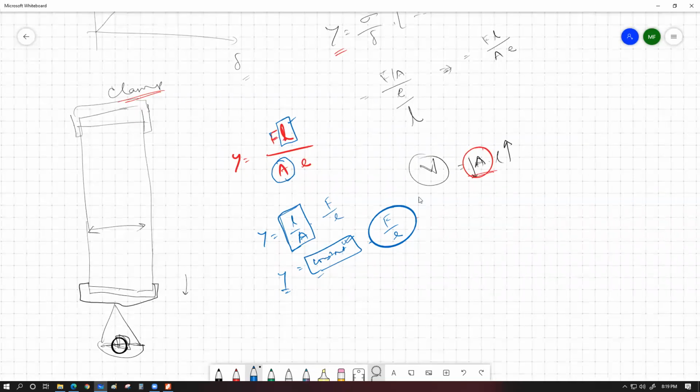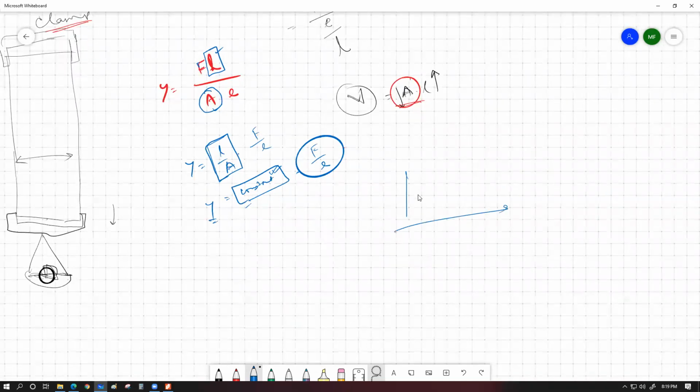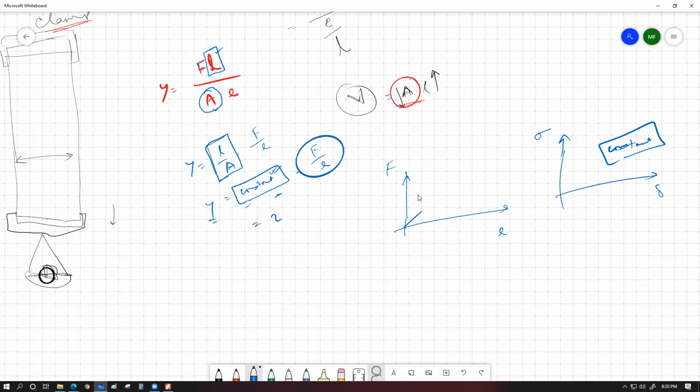This brings us to the idea that if we draw a graph of force versus extension for a specific object, and a graph of stress versus strain for the object, these two graphs would have the exact same shape, where one is this constant times bigger on the y-axis. Let's say this constant value is 2, then this graph is going to have double the gradient of that one.